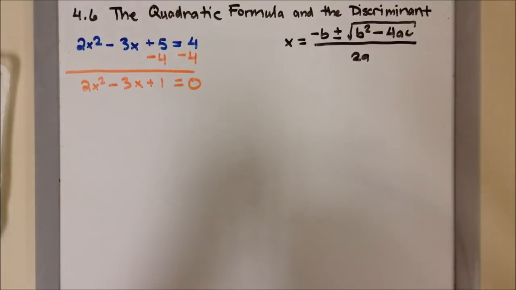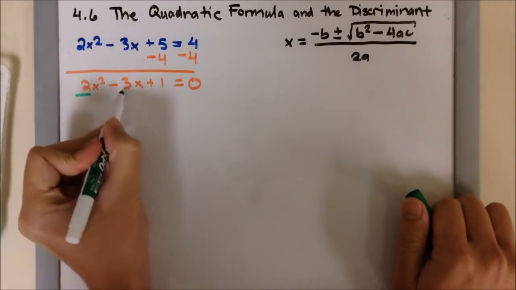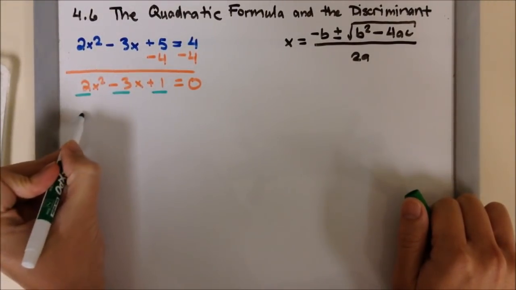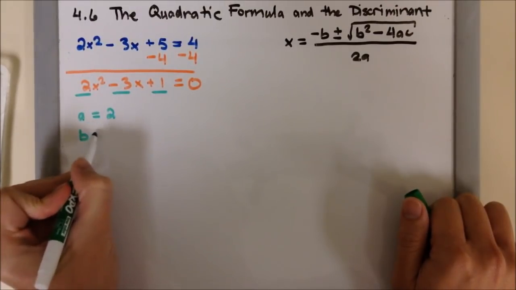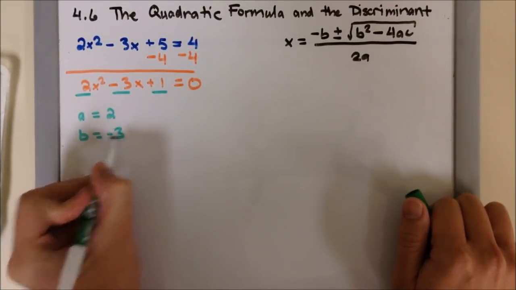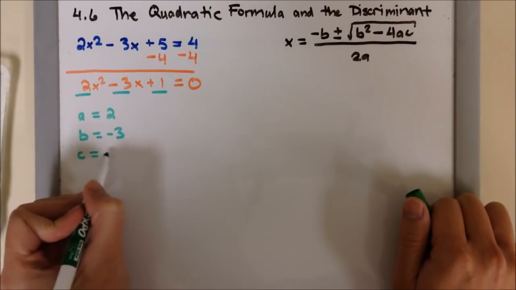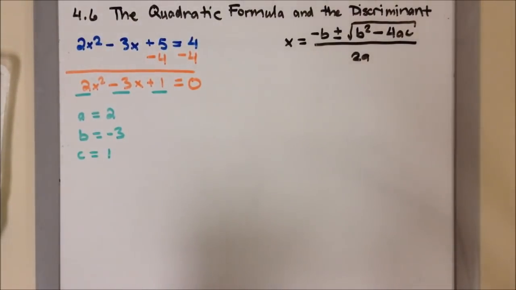So when one side is 0, next you're going to identify your a, b, c. So a is 2, your b is negative 3, and your c is positive 1. Just like how we did in 4.1, 4.2, 4.3, you have to identify your a, b, c.